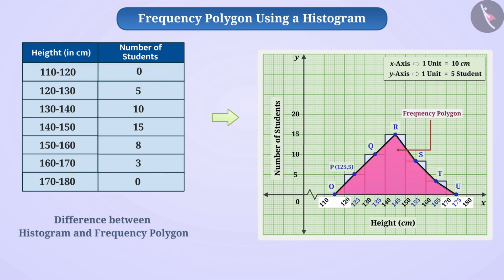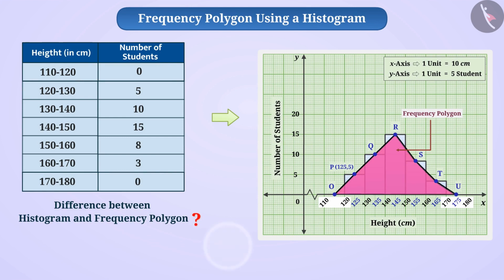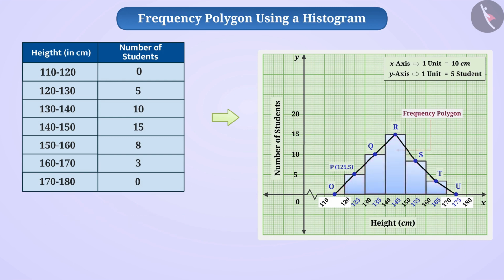Now you know about histogram and frequency polygons. Can you tell the difference between the two? Think. Let us tell you. Data is represented in the histogram as rectangles, while the data in a frequency polygon is represented using a line graph. In the histogram, we can say that the height of different points of a class interval is fixed. This shows that a class interval in the histogram has uniform distribution of frequencies.